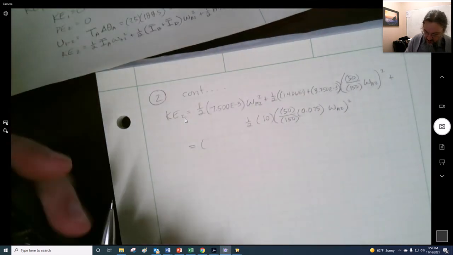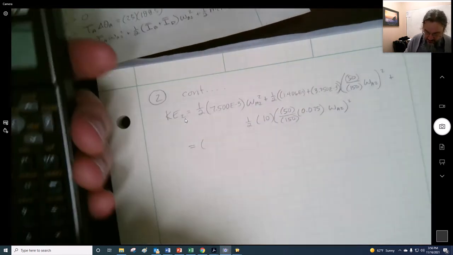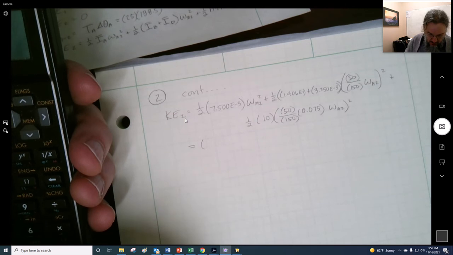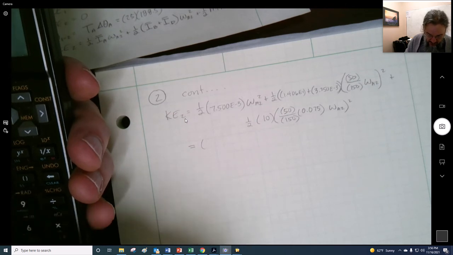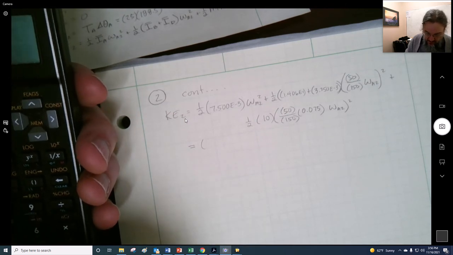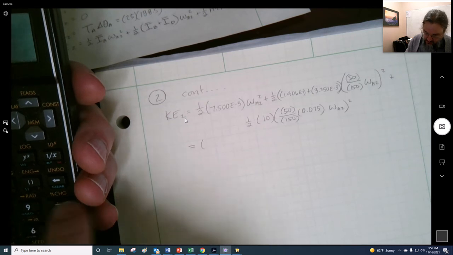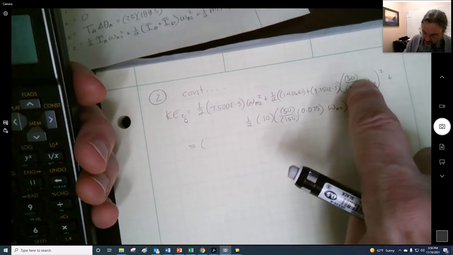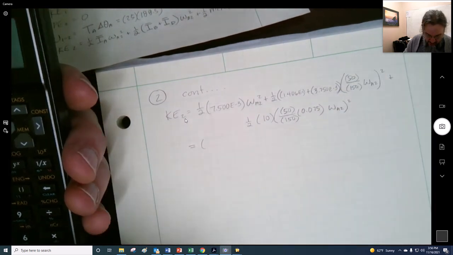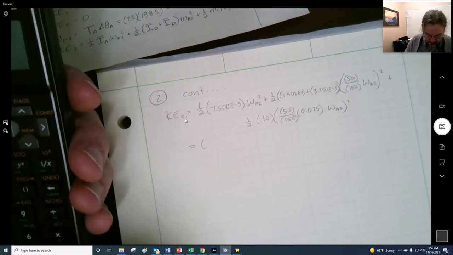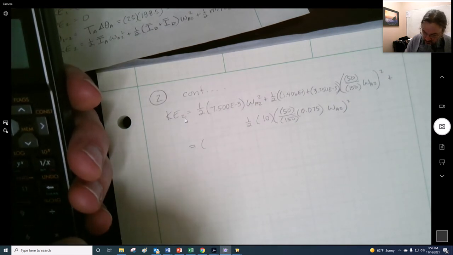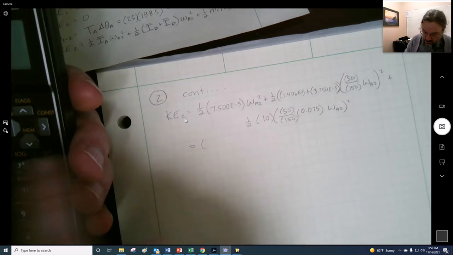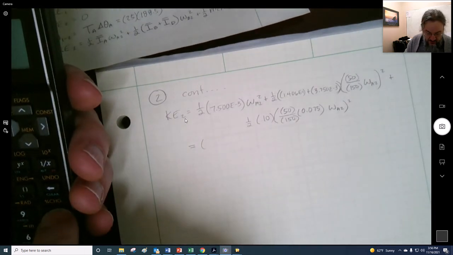So what I really want to get is a multiplier in front of this. So 7.5 E minus 3, 2 divided. All right, now here's the one we've got to go. That's going to be 1/3 squared, divided by 2 there.